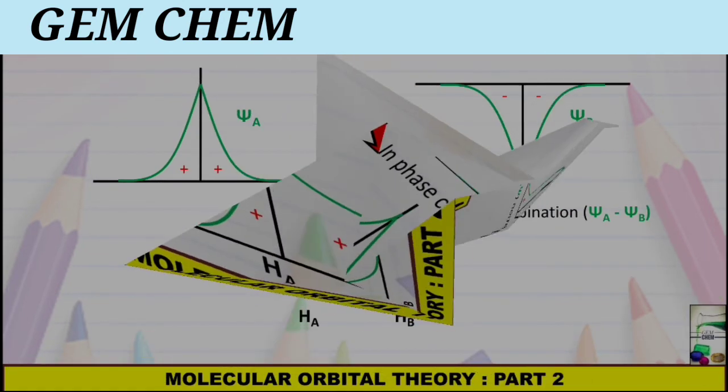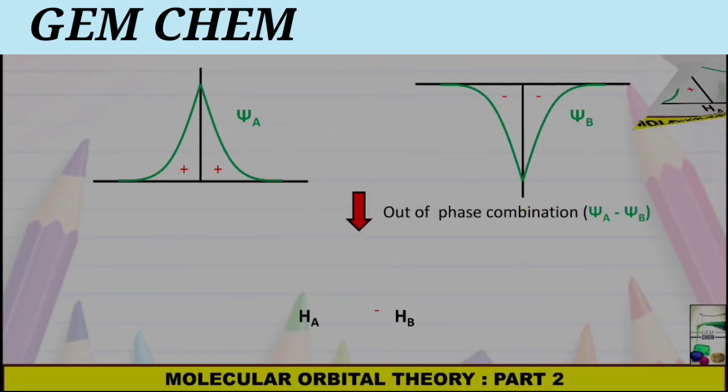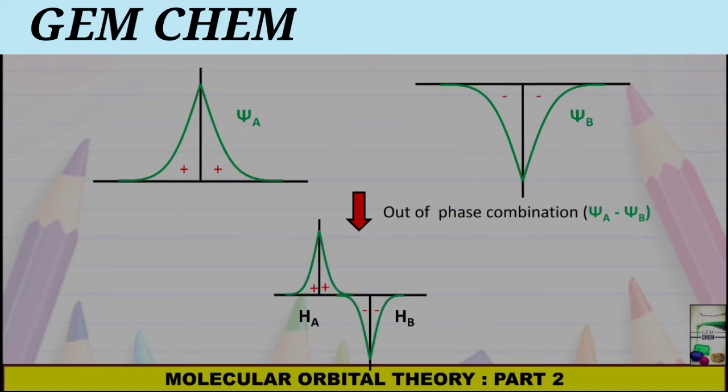Now if we go for antibonding molecular orbital, then one will be in phase, one will be out of phase. When these combine, this type of radial wave function is obtained.